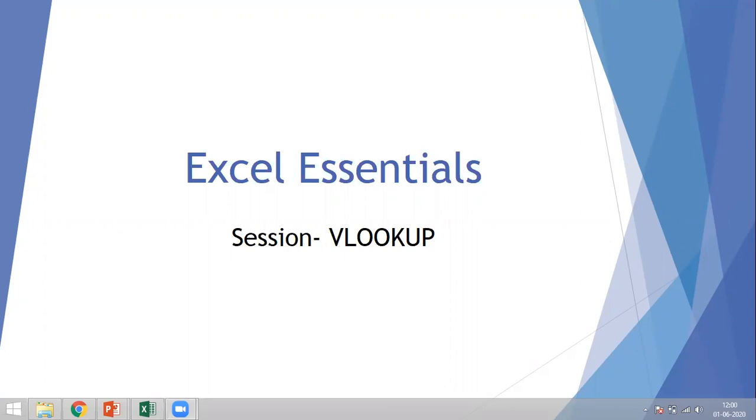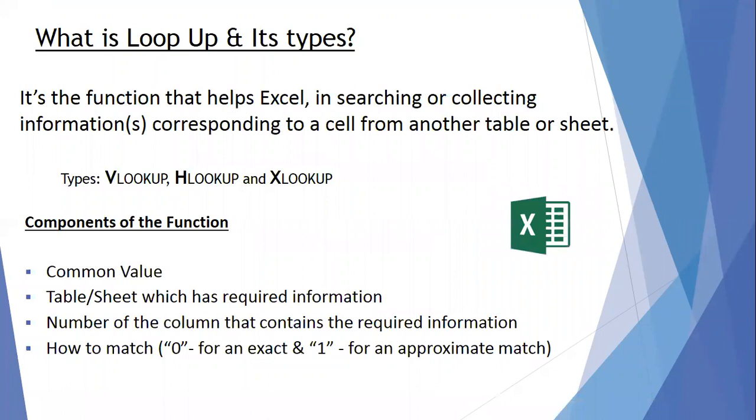Today we are going to discuss VLOOKUP. What is lookup and its types? Lookup is a function that helps Excel in searching or collecting information corresponding to a cell from another table or sheet.